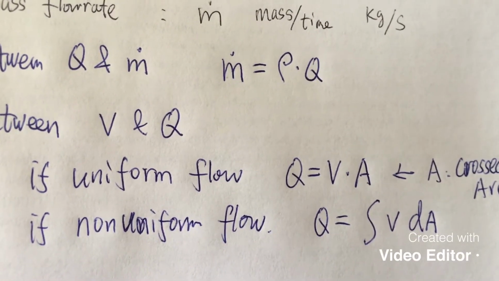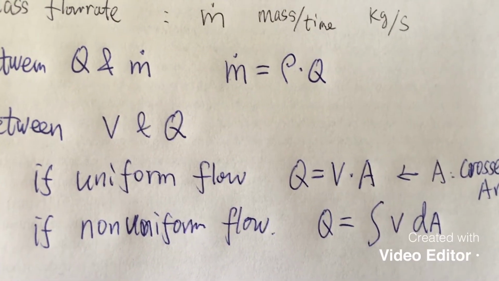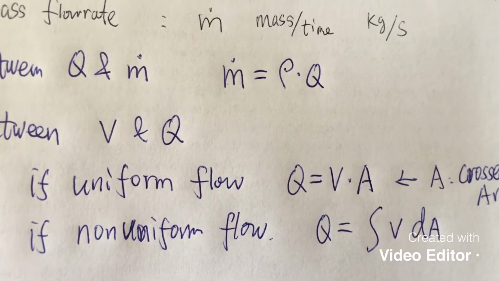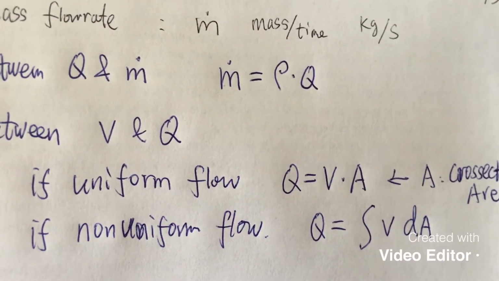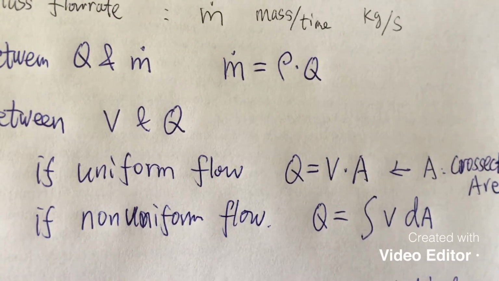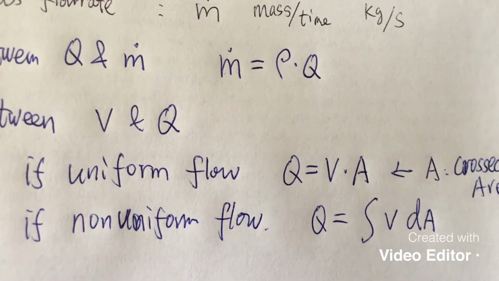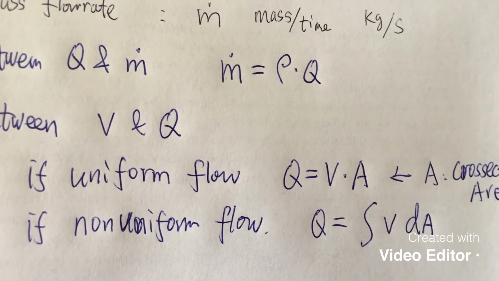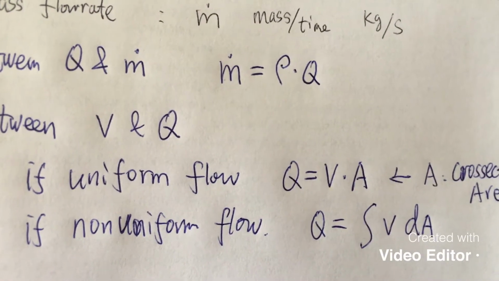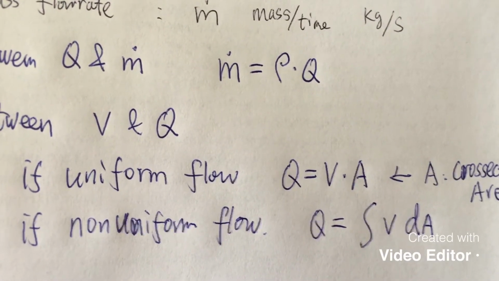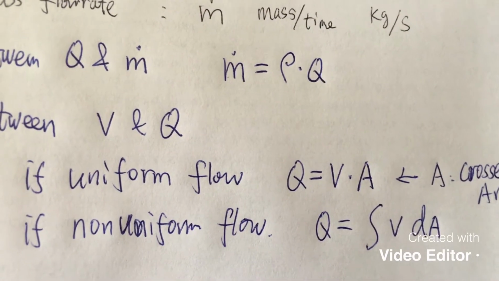But if the pressure is not constant on an inclined surface, you have to go through integration. Same thing here. If the velocity is not constant on the cross-section, the volumetric flow rate Q equals the integral of V dA.